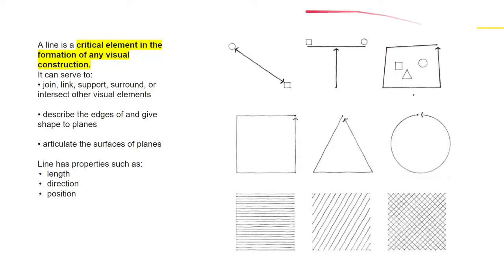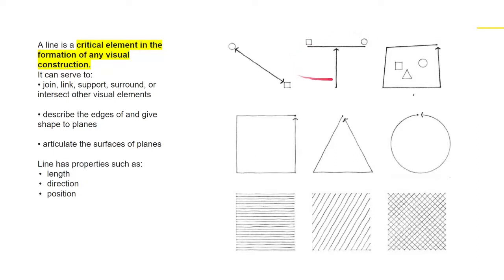In the first grouping, you have line as a joint or a connection between two elements. In the second, you have line as a link and a support. This vertical line supports the horizontal line, therefore balancing out the two elements on each side.